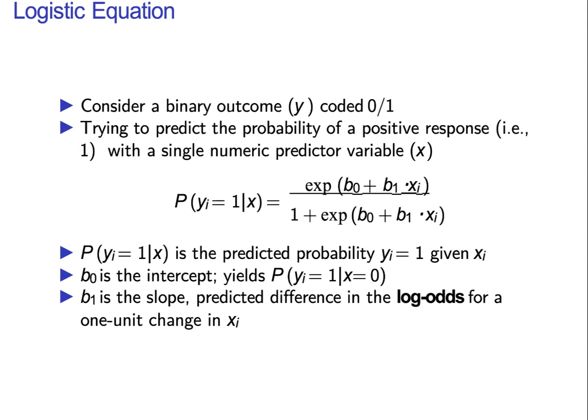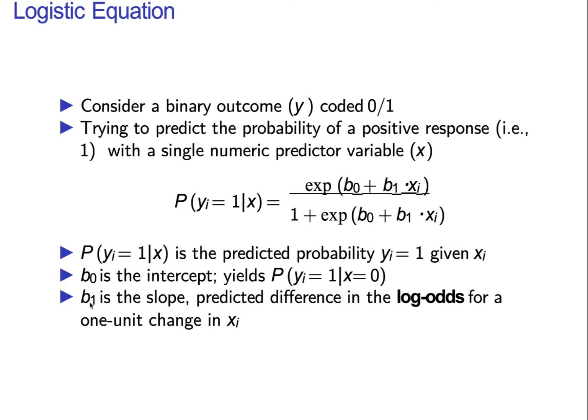Okay, now the b0 is nothing but the intercept. Let us put x equals 0, so let us determine this. What you're going to get is only the intercept. So that's it, the probability of y equal to 1 when x equals 0. Actually, if you have the y and x, it is going to cut your y at that value, the b0.